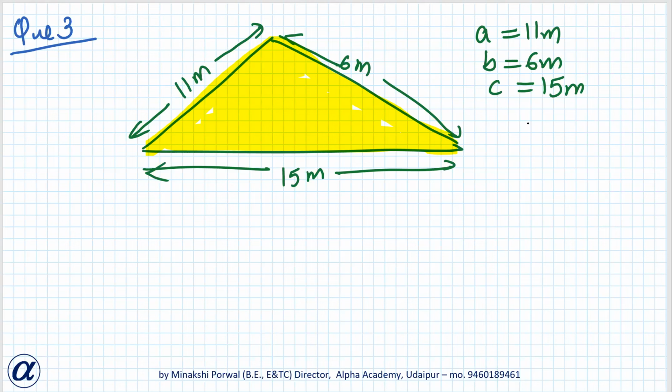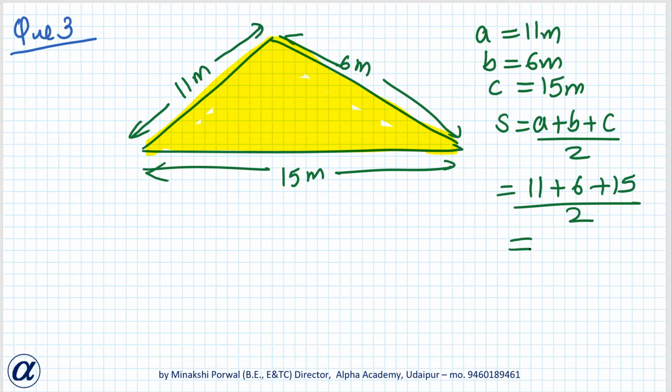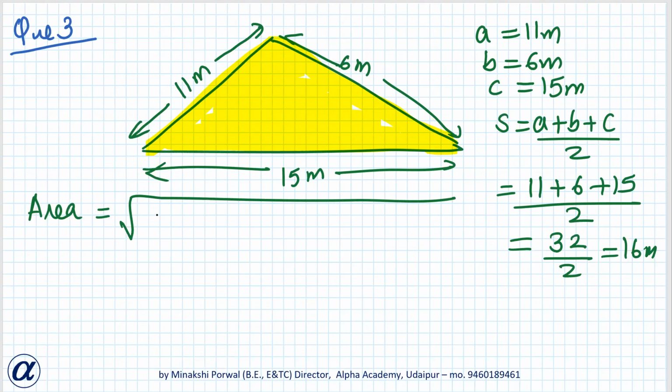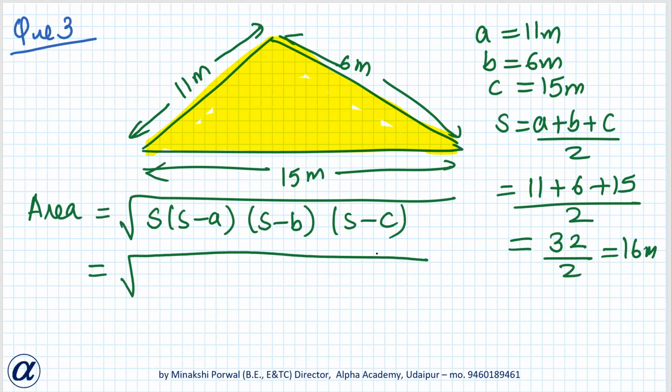Find semi perimeter, s equals a plus b plus c by 2. So it is 11 plus 6 plus 15, 32, so it is 32 by 2. So it will be 16 meters. Area is equal to under root of s into s minus a, s minus b, s minus c. So it is under root of 16 into 16 minus 11, 16 minus 6 and 16 minus 15.